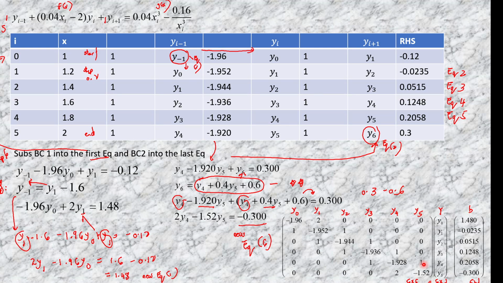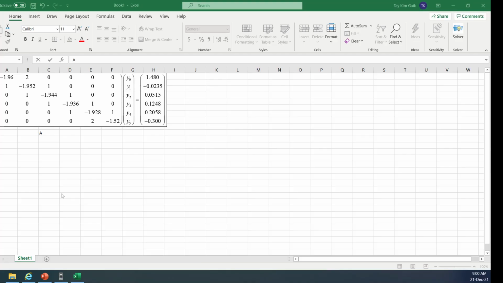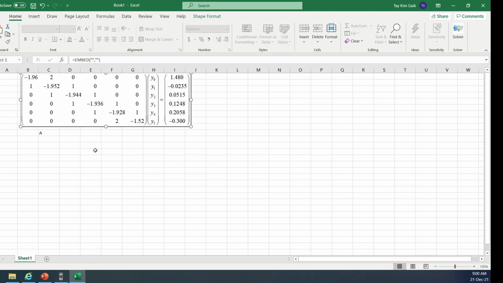Up to here, any questions? So first I'll try to solve using the inverse matrix method. So I put out the coefficients for matrix A first. Negative 1.96, 2, and so on.